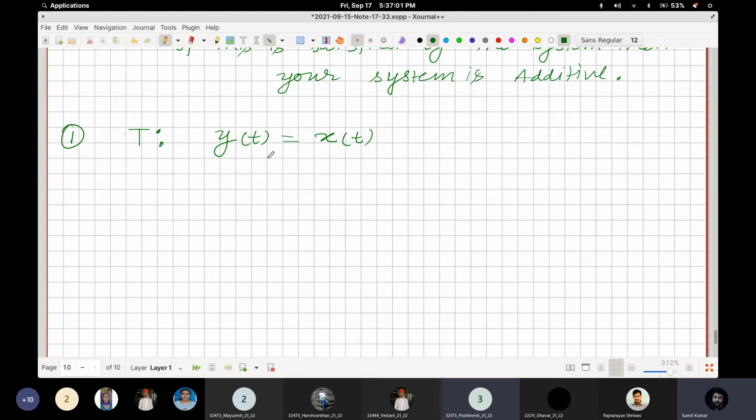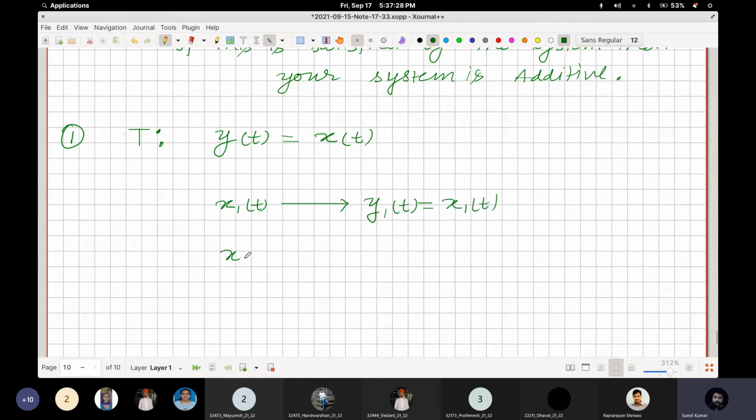So yes, it is additive. Why is it additive? Let me just tell you this. When you give x1(t) as input to the system, what you will be getting is, let's say, y1(t). And what will y1(t) be equal to here? The output is equal to the input only. So y1(t) will be equal to x1(t).